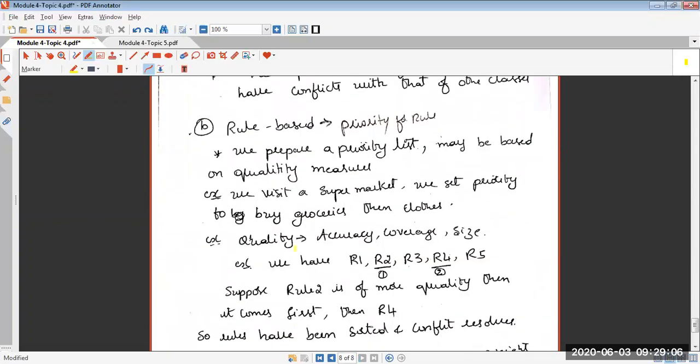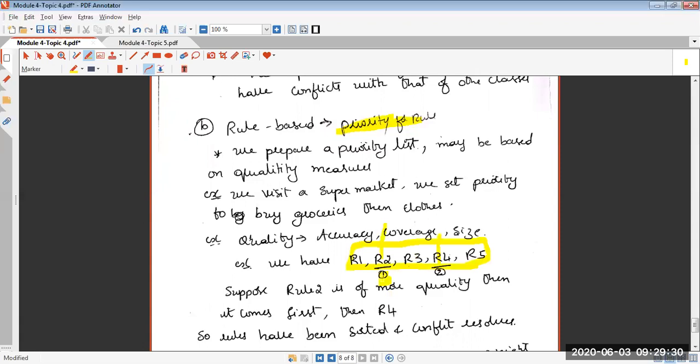We also saw one more aspect for priority. This was already discussed, so I did not cover it in detail. If you have 5 rules, and among them 2 rules are conflicting, R2 and R4, which rule will be given importance? We saw that it is based on priority. How is priority computed?